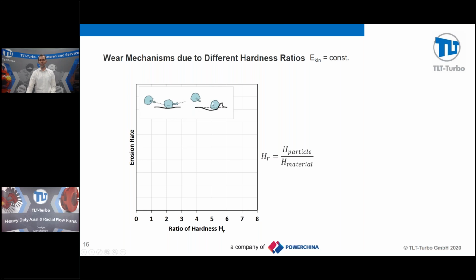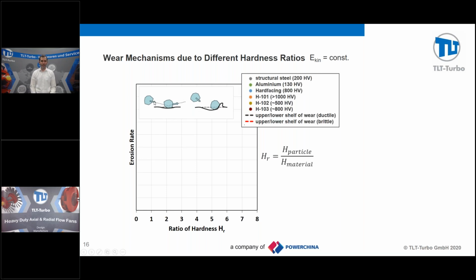We are observing low impact angles now, and when you do this with different materials, structural steel, aluminum, hard facings, thermal spray coatings, you will find two different behaviors, one for very brittle material, which is here in the red line, and one for very ductile material, which is the black line.